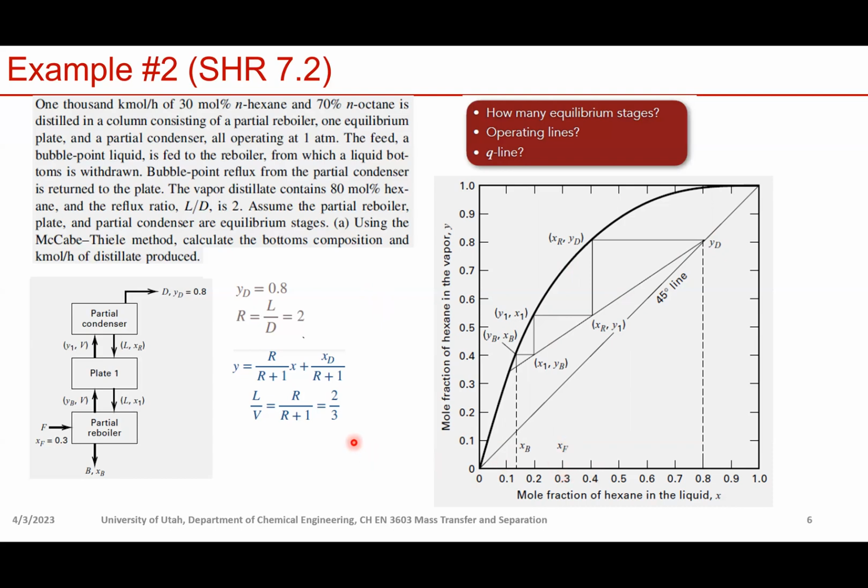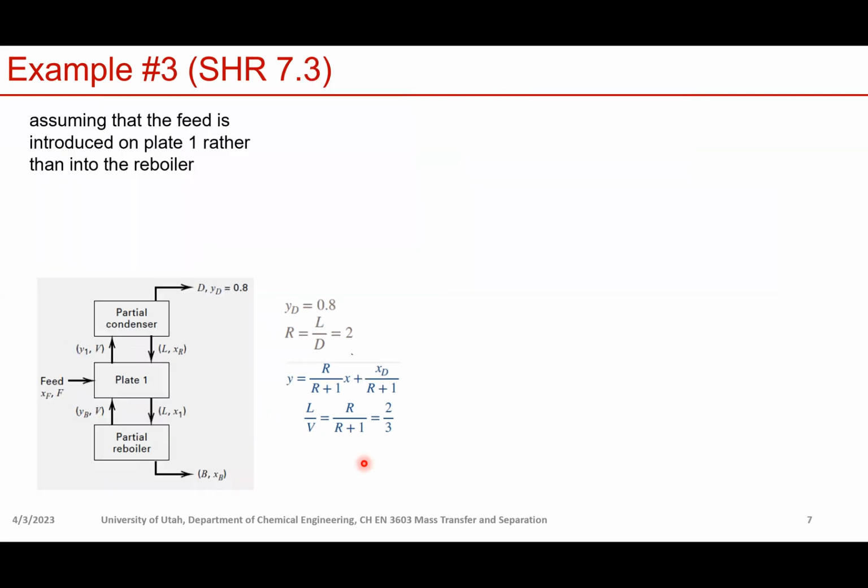But then we can use a mole balance of the lactate, as well as a mole balance of the total feed. Then we can compute the distillate and the bottom flow rate. Okay.